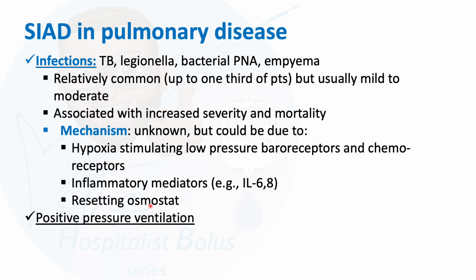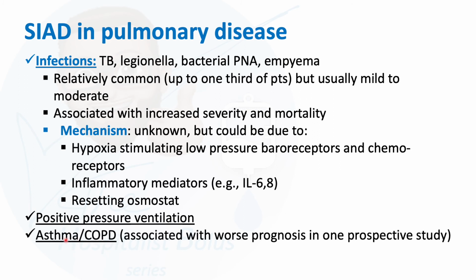Again, just theoretical assumption. Patients in the ICU who are put on positive pressure ventilation can also develop SIADH and hyponatremia. Patients with obstructive disease like asthma and COPD: there is some study that suggests, just like in heart failure, there may be some association with hyponatremia and COPD in terms of prognosis.